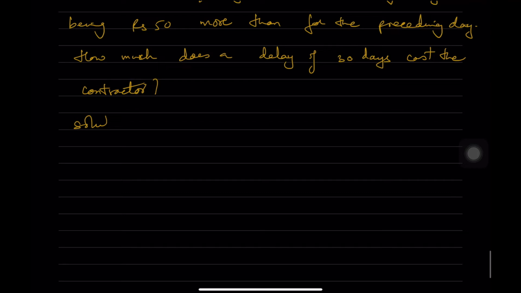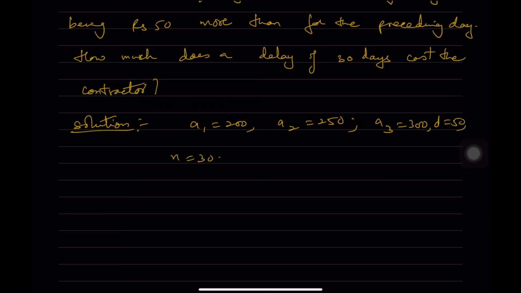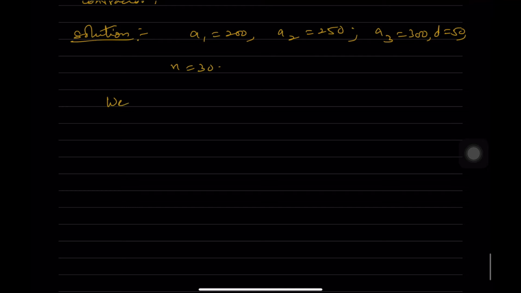So here solution: A1 is equal to 200, A2 is equal to 250, A3 is equal to 300, D is equal to 50, N is equal to 30. We know that Sn is equal to n by 2 into 2a1 plus n minus 1 into d.